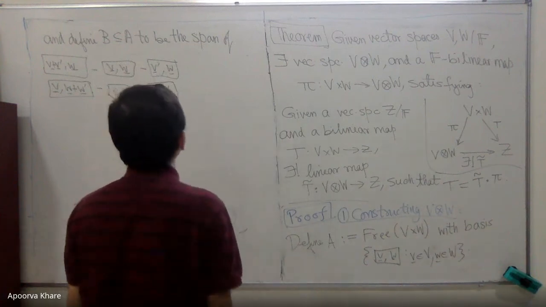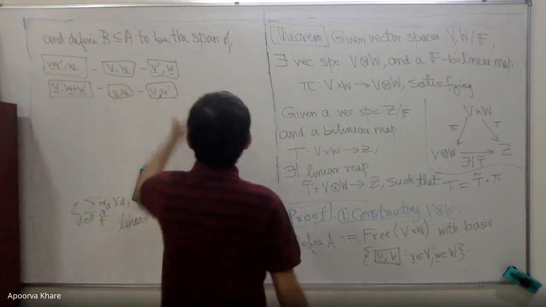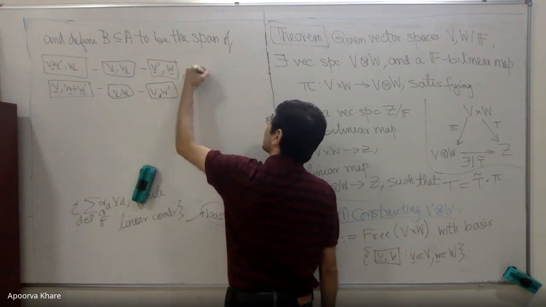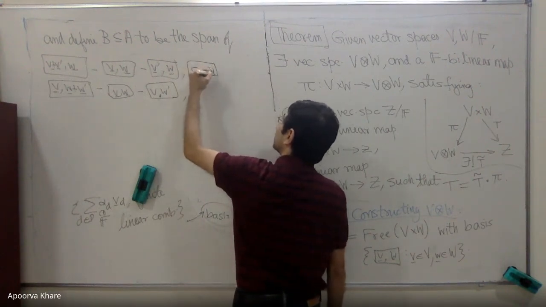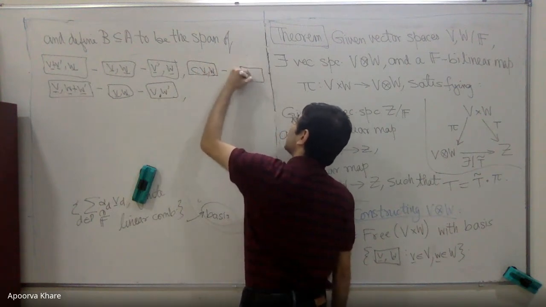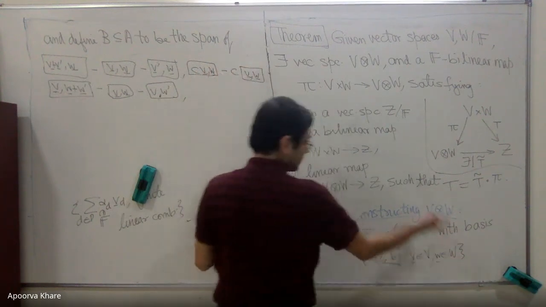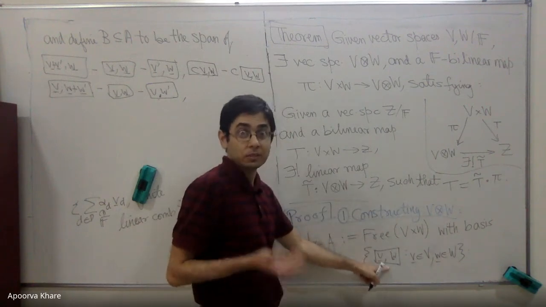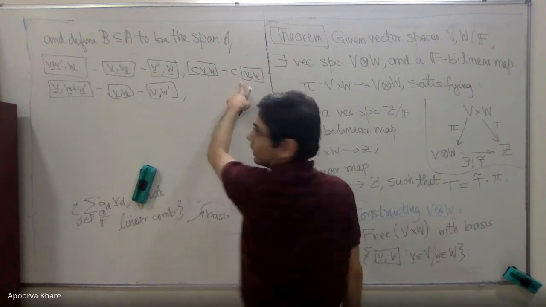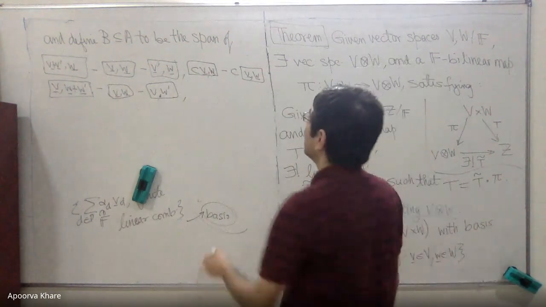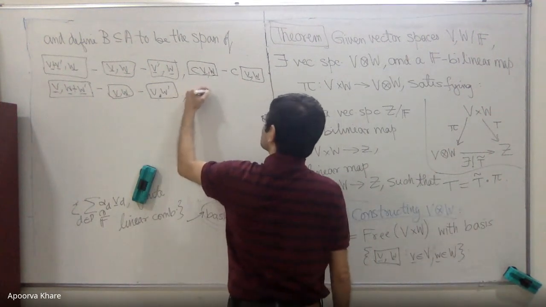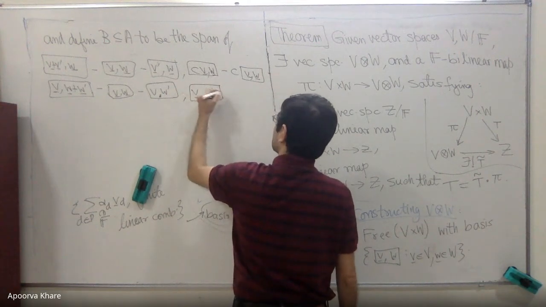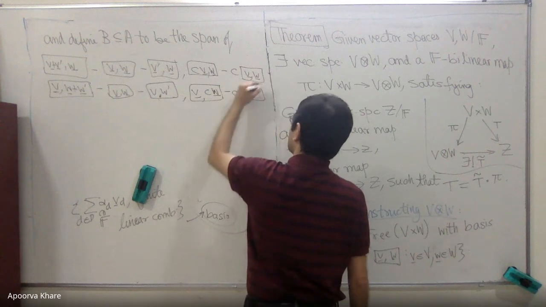And similarly, I want c times (v, w) minus c times (v, w) with the scalar moved. Remember that this is a vector space over F, which means that I can take scalar multiples of this basis element, and that's what I'm doing. So c times (v, w), and the other one as well, (v, cw), minus c times (v, w) again.